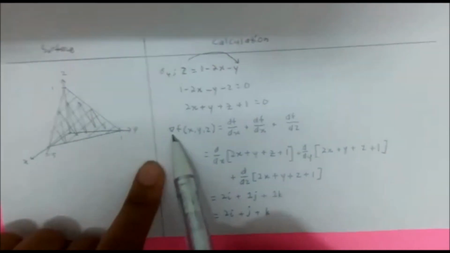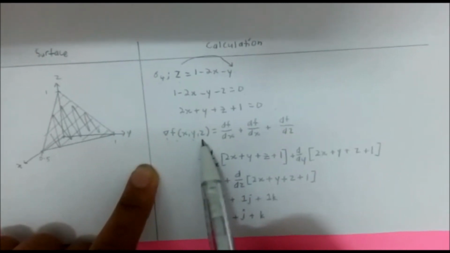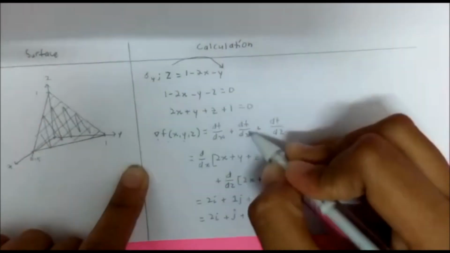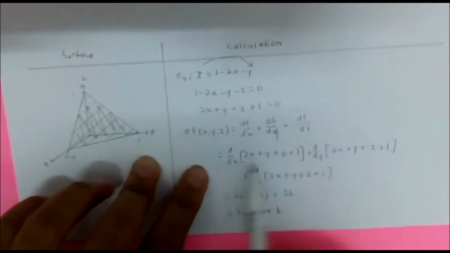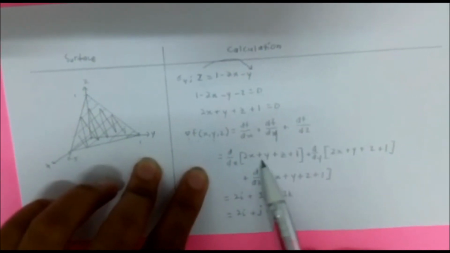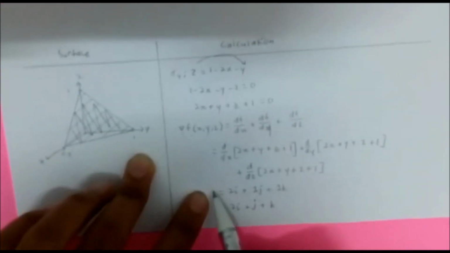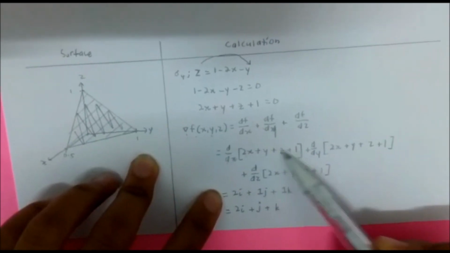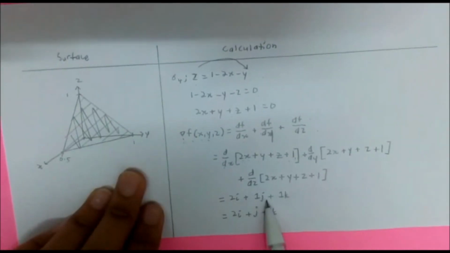And after that, we find the gradient of f(x,y,z), which is df/dx i plus df/dy j plus df/dz k, and we know that our f is 2x plus y plus z minus 1. So after differentiating, we get 2i plus j plus k.